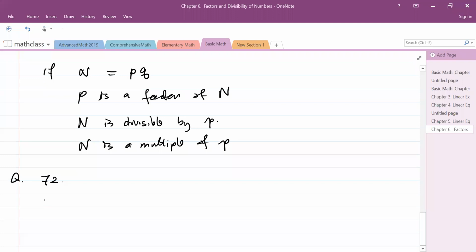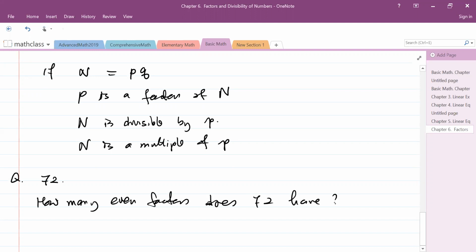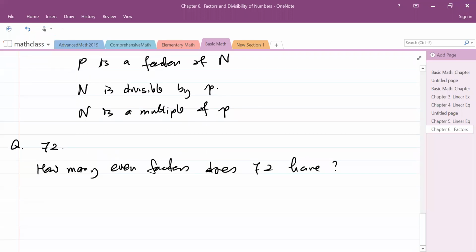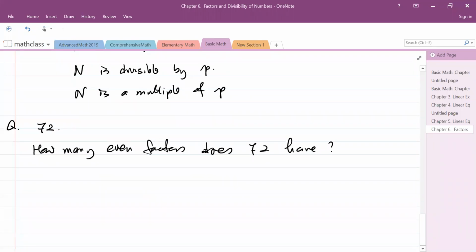How many even factors does 72 have? So we only consider the factors which are even numbers. So there's an additional restriction on that. It's slightly different from the previous problem.